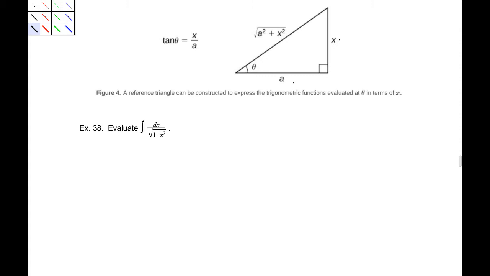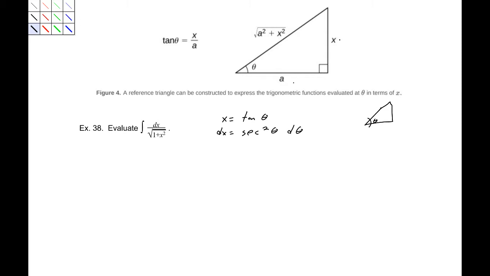Alright, so 1 plus x squared, the square root of that. So this is going to be, a is 1. Okay, so I'm going to go ahead and draw my triangle and my substitution. Alright, so first we have x equals tangent theta, because a is 1. X is tangent theta, so dx equals secant squared theta d theta.